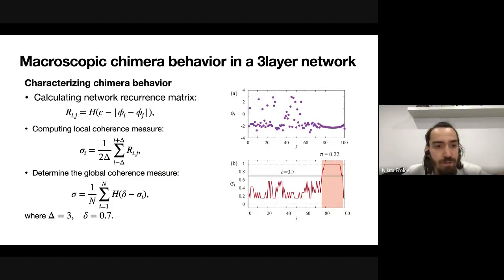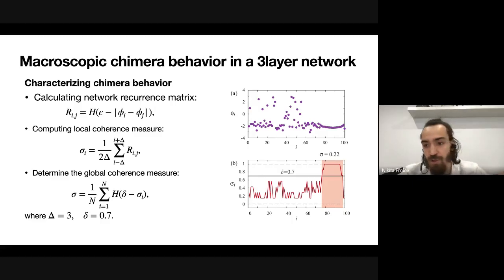To characterize the coherence of each layer and to characterize the chimera behavior, we introduced the coherence measure, which is based on the calculation of the phase recurrence matrix given on the slide.